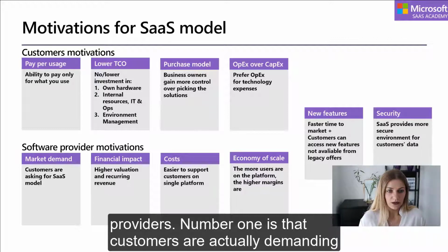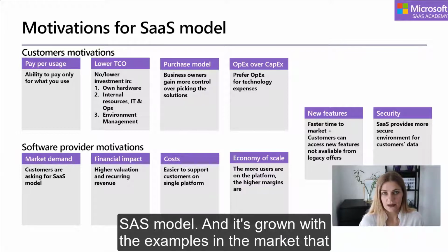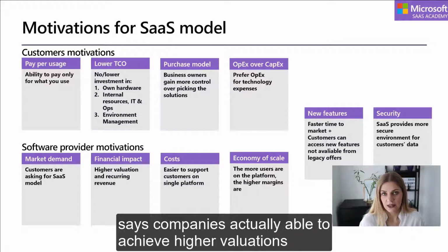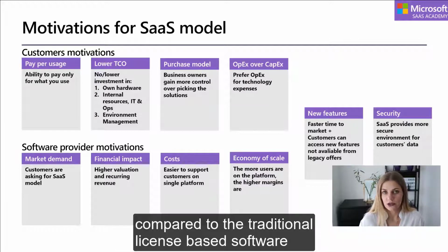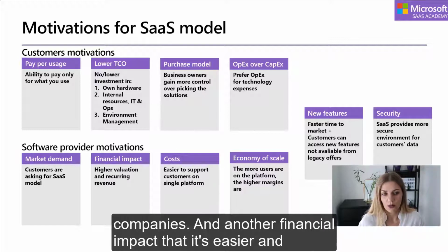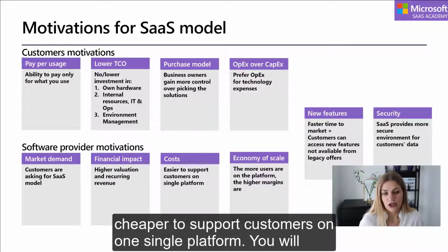For the software providers, number one is that customers are actually demanding a SaaS model, and it's proven by examples in the market that SaaS companies are able to achieve higher valuations compared to traditional license-based software companies. And another financial impact is that it's easier and cheaper to support customers on one single platform.